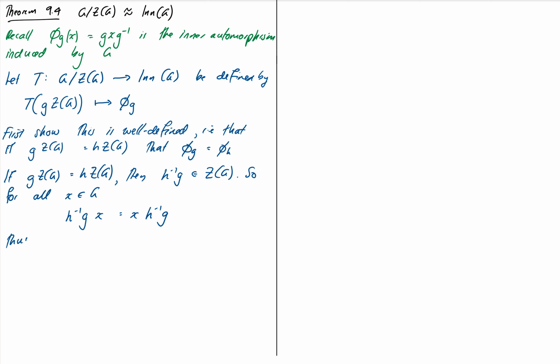Thus, rearranging this expression a little bit, I'm going to multiply on the left by H and on the right by G inverse, and I'll get G x G inverse equals H x H inverse for all x in G, and hence phi G is equal to phi H.